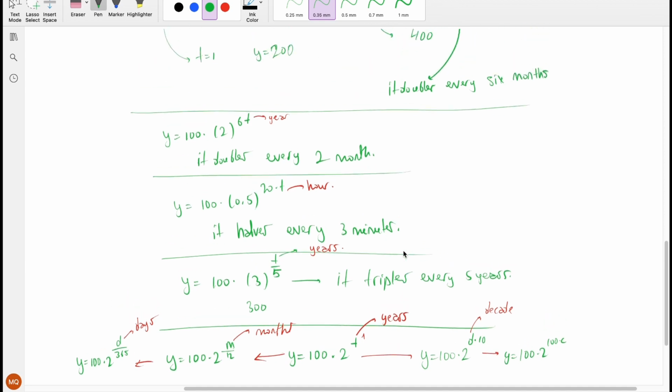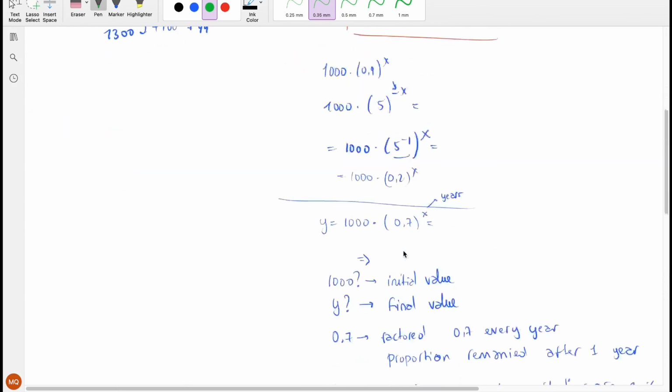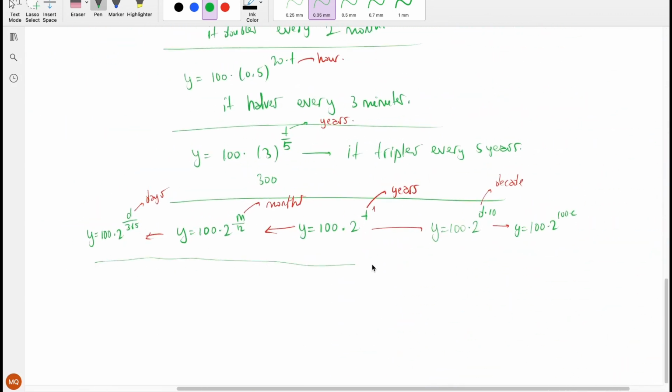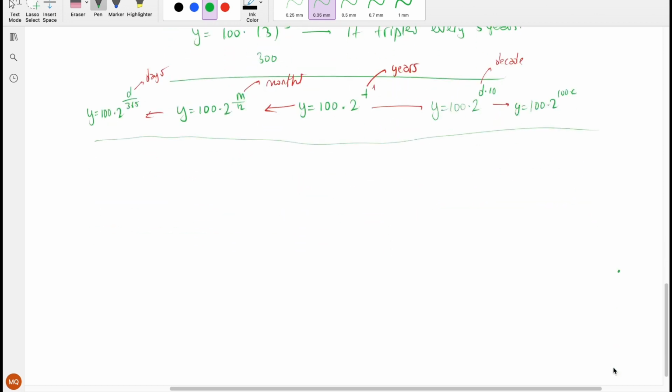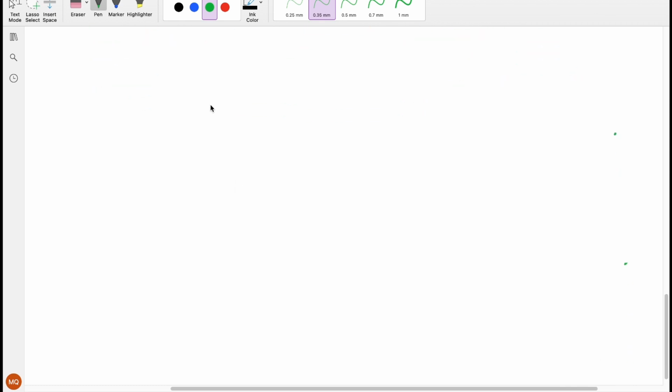Okay, we talked about this. Now let's look at how to identify whether it is exponential or linear. When it increases or decreases, let's write change with a unit.